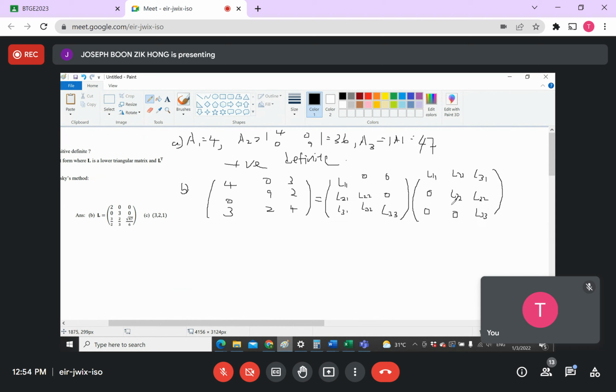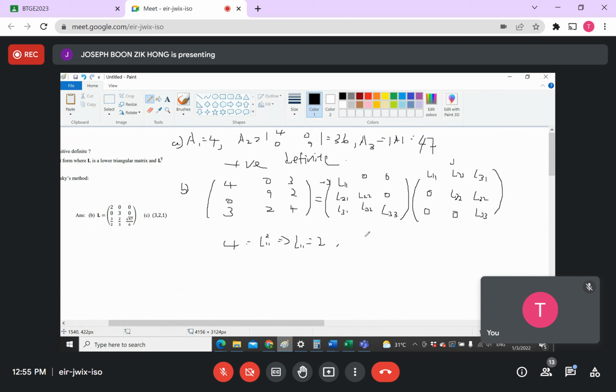Okay, so from here I know that 4 is equivalent to L11 square. First row, first column. So that means my L11 should be 2. Okay, so after you have the L11, first row, second column.